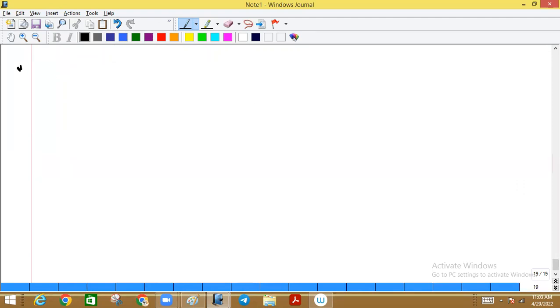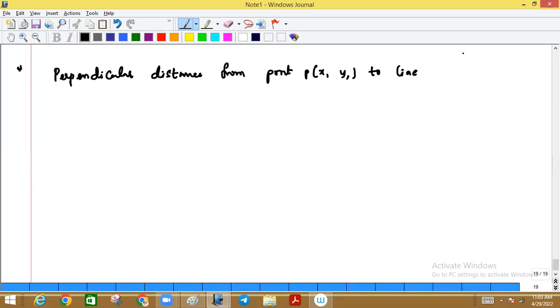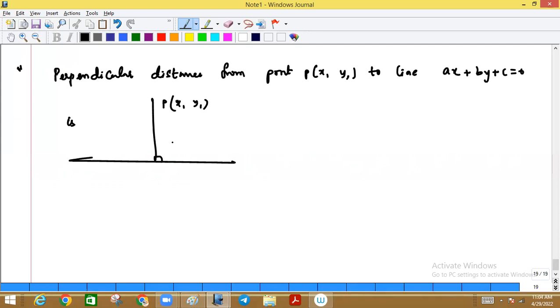Perpendicular distance from point P(x1, y1) to the line ax plus by plus c is equal to 0 is, this is the line, this is point P(x1, y1), this is line ax plus by plus c equal to 0.